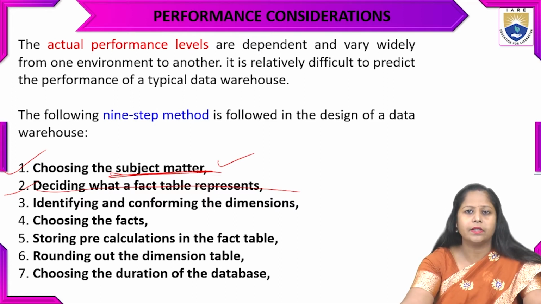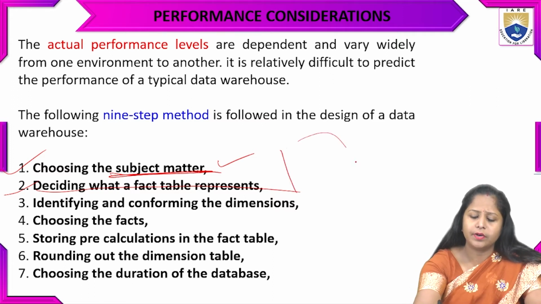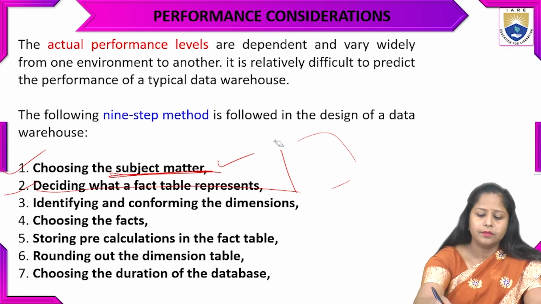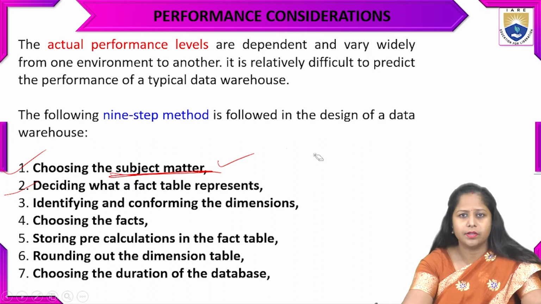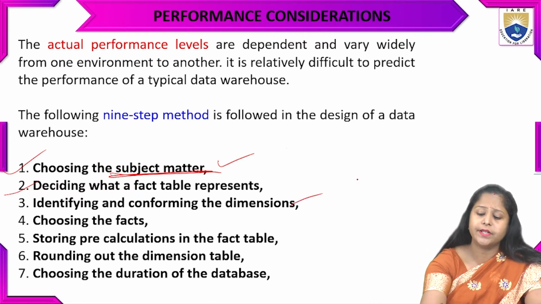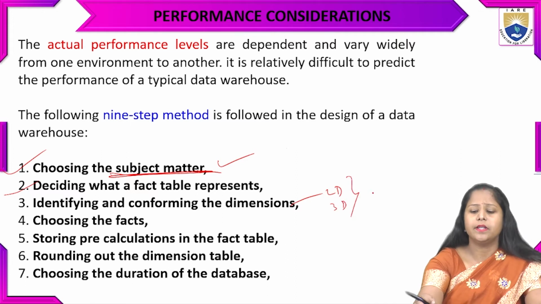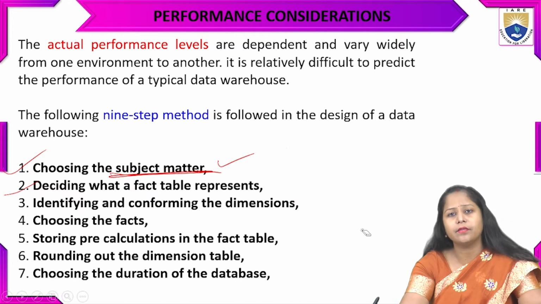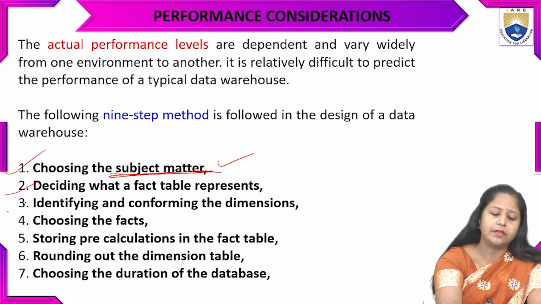We need to check the fact table, whether it is functional or not, and what it is going to do for the data warehouse, right? We need to identify and confirm the dimensions of data. What are the different dimensions of data? Is it multidimensional? Is it two-dimensional? What type of data is there in the data warehouse? We need to identify and confirm that.